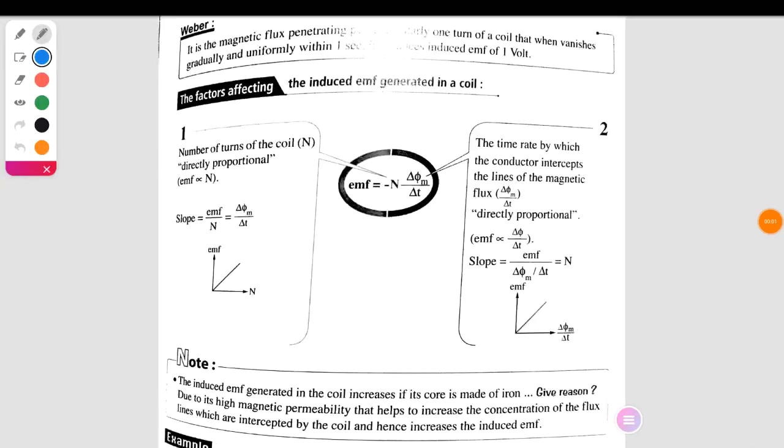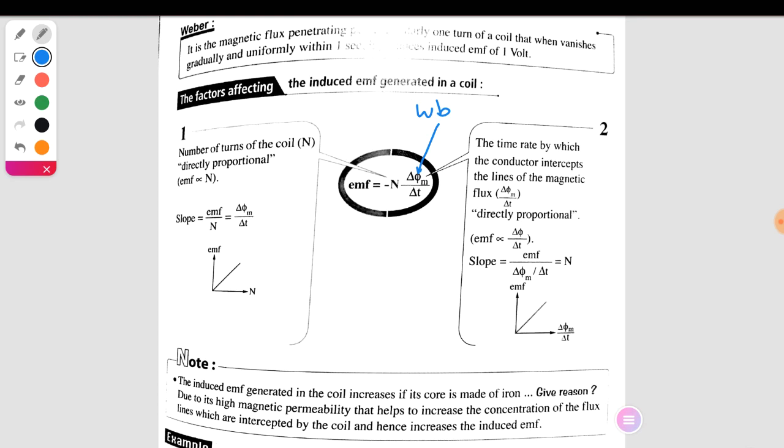Good morning. We are going to study the second part of Faraday's law. The unit for measuring magnetic flux is called the Weber.